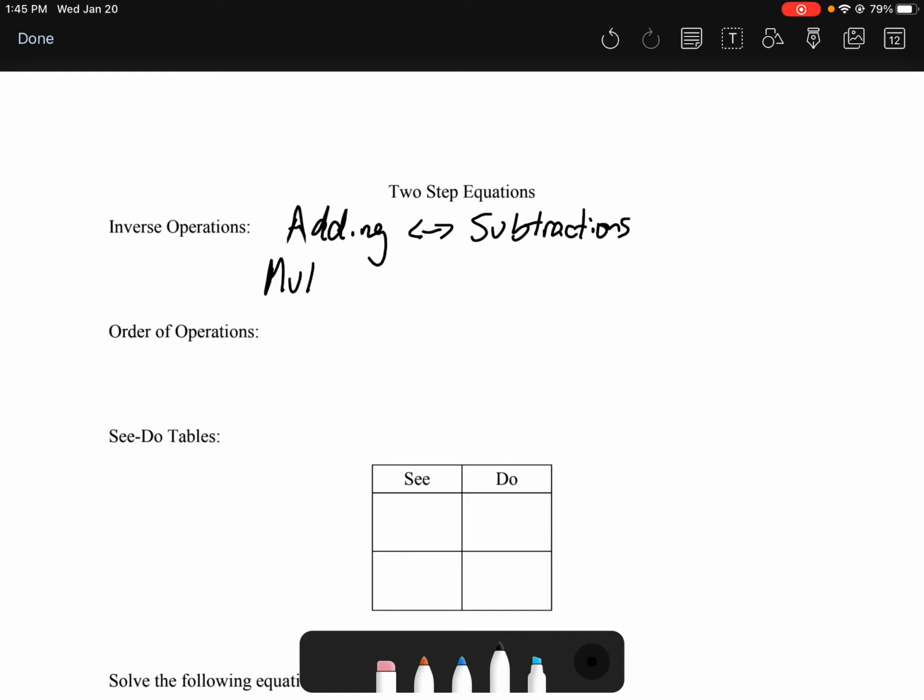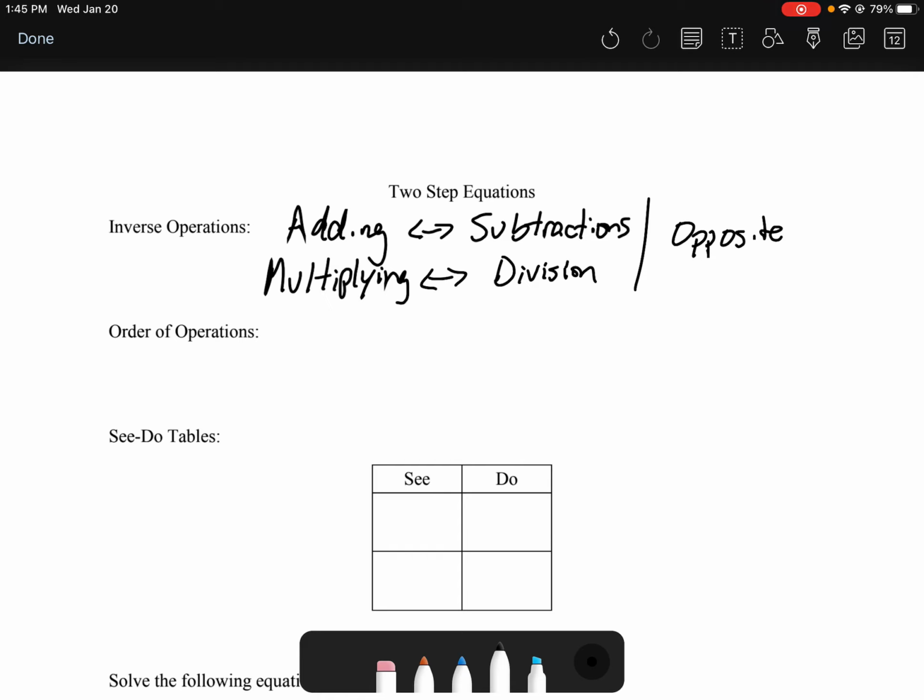If you are multiplying and you want to cancel that out, you must use division. If you are dividing two things and you want to cancel it out, you must multiply. So again, we're just looking for the opposite operation.